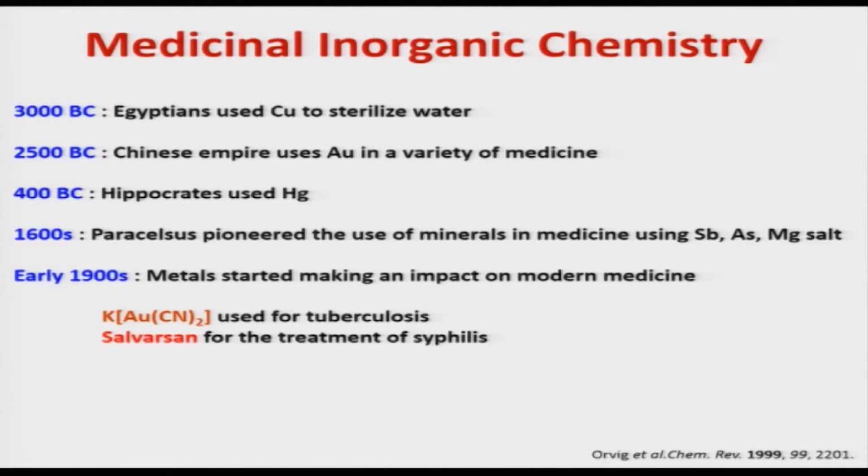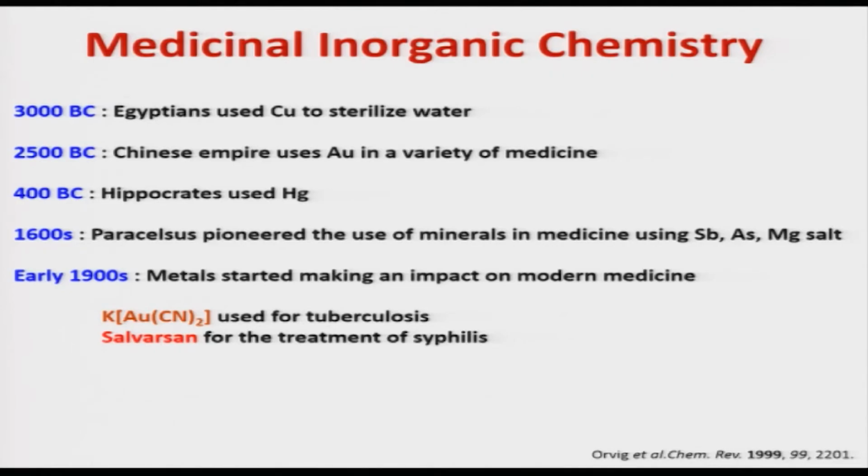As far back as 3000 BC, the Egyptians used copper to sterilize water. Gold was used in a variety of medicines in Arabia and China 3,000 years ago, more as a result of the precious nature of gold than of its known medicinal activities.